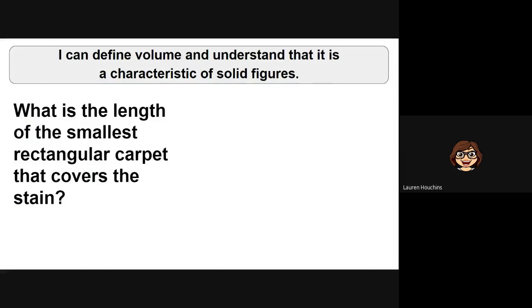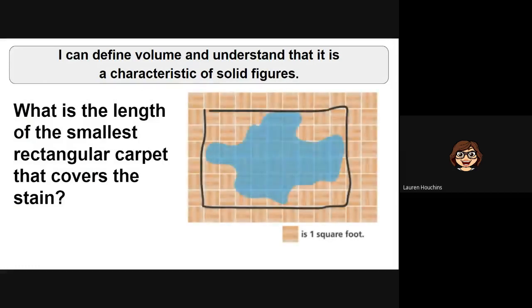So looking at your stain, the carpet that you drew, this is the one that I drew around my entire stain. What is the length of your carpet? The length is how long it is, the measurement of how long it is.